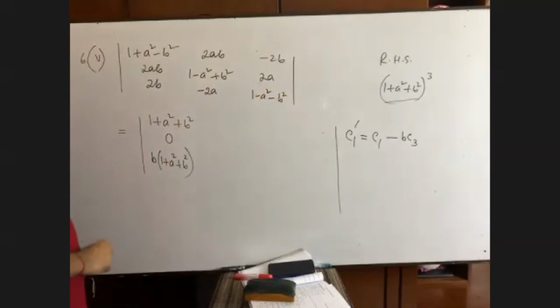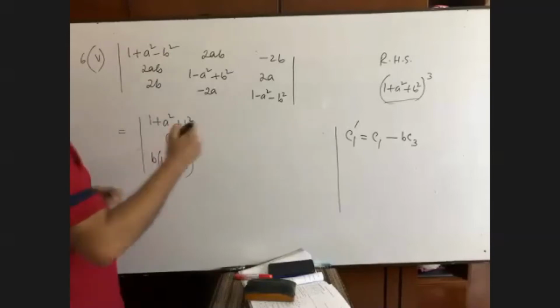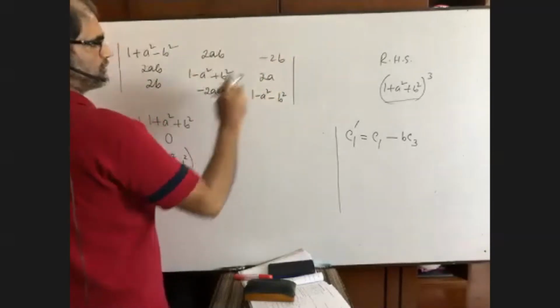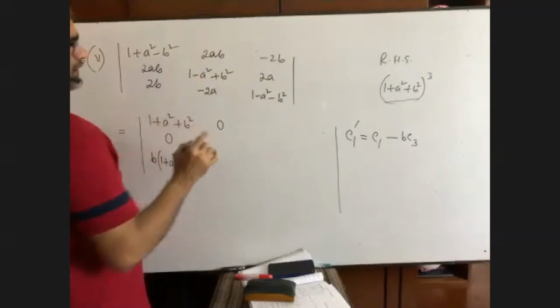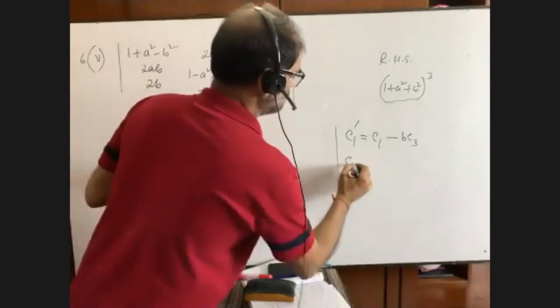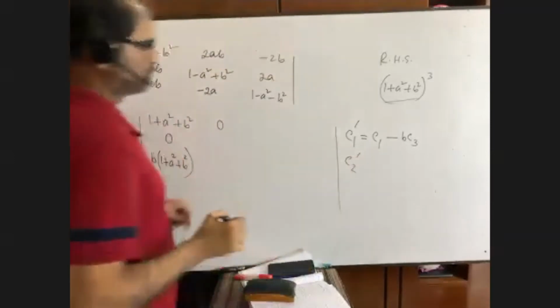Okay. Now for the second, let me know what should be done here. If I multiply it by a, suppose this into this plus this equals 0. That means column 2 can be found.